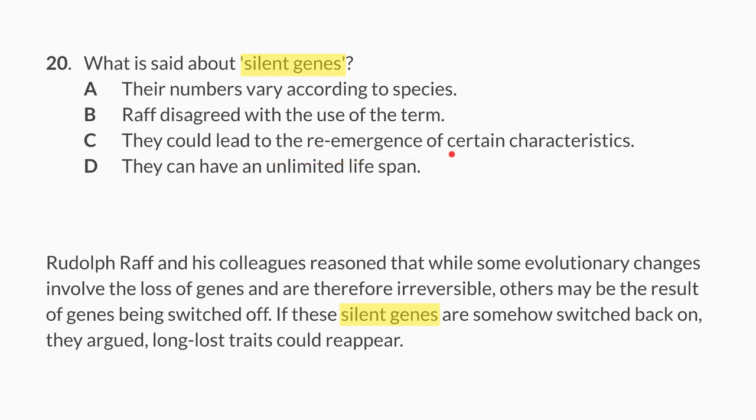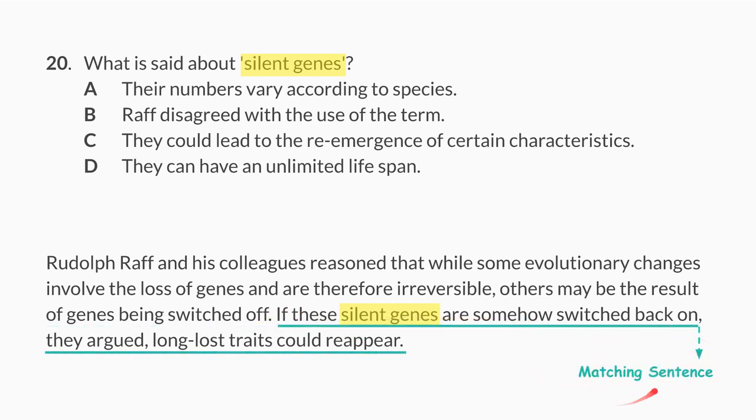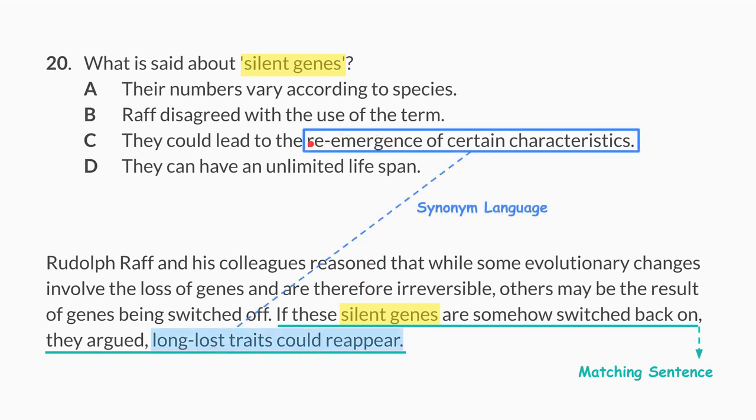Re-emergence means to reappear, to come back. So when we say that long lost traits could reappear, we are saying that long lost traits could re-emerge. Re-emerge, okay? That is synonym language. So in this case, our answer is going to be right here. So this is our matching sentence. And this part right here is synonym language for re-emergence of certain characteristics.